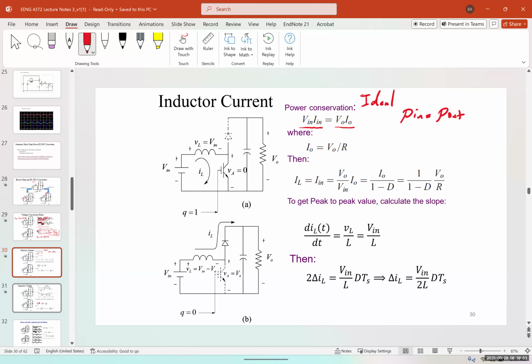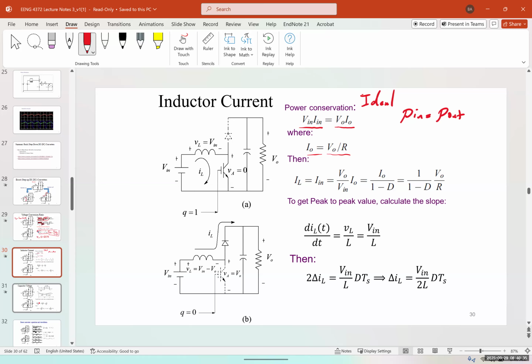I out, according to Ohm's law, is V out over R. Therefore, IL, which is equal to Iin, is V out over Vin times I out, again using Ohm's law. And we know that V out over Vin is 1 over 1 minus D. So we're going to have I out over 1 minus D. In other words, when we convert it using Ohm's law, we're going to have V over (1 minus D) R.